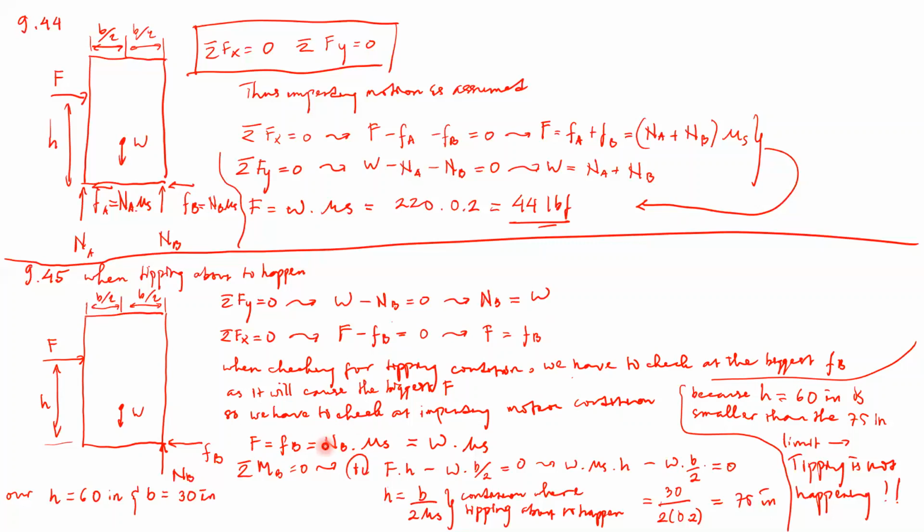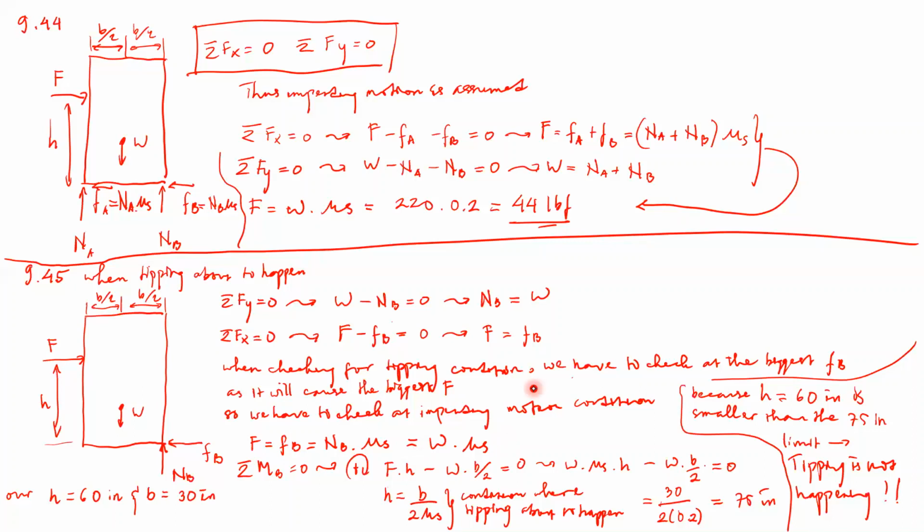That's why our F will be the same as normal force at B multiplied by mu s. And using the first equation here, NB is equal to W. So we can replace it here. So our F here will be W multiplied by mu s.